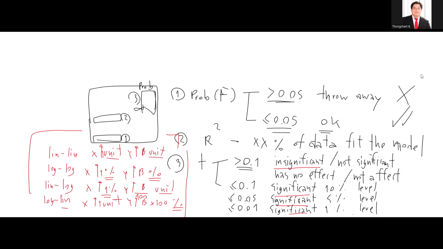If the probability of F is less than 0.05, the overall model is okay. If not, you stop interpreting everything, and the model has to go away.